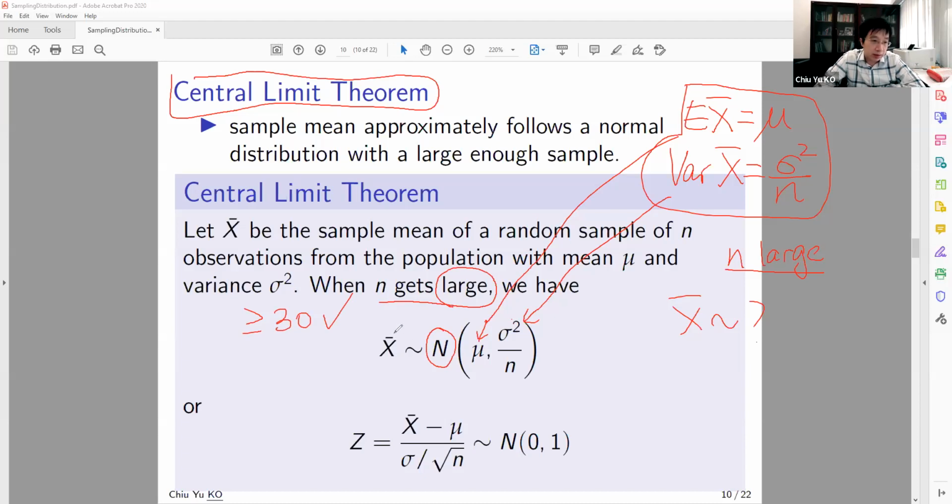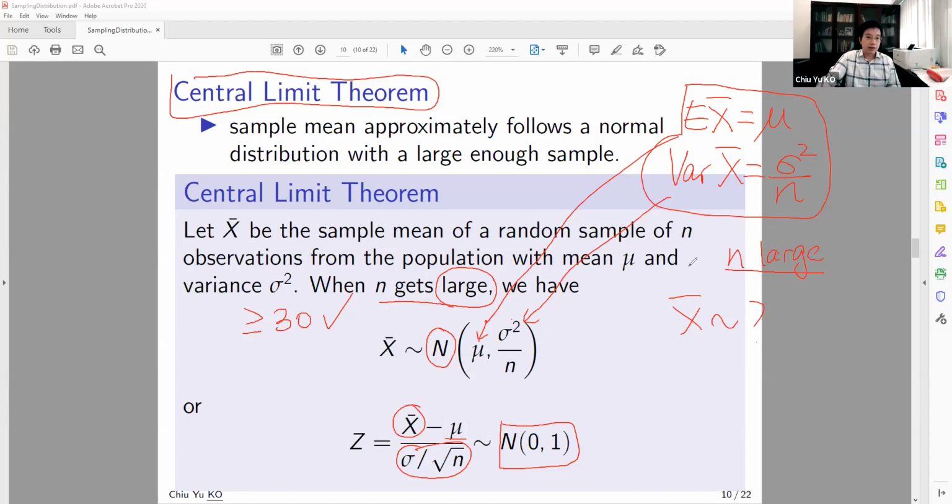It means that X bar minus mu over sigma over root n is standard normal, okay? So this will prove to be very useful. Why? Later you will see the reason why we care about this, but this will be reserved for the next class.